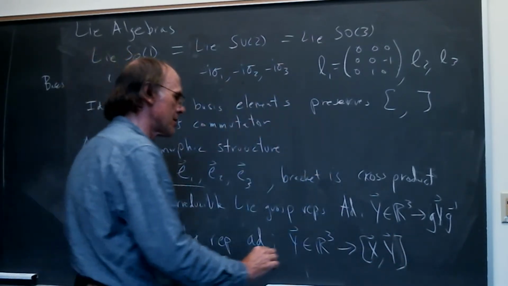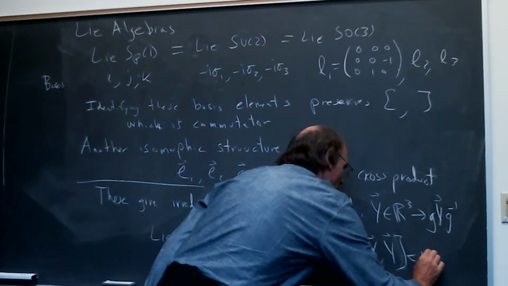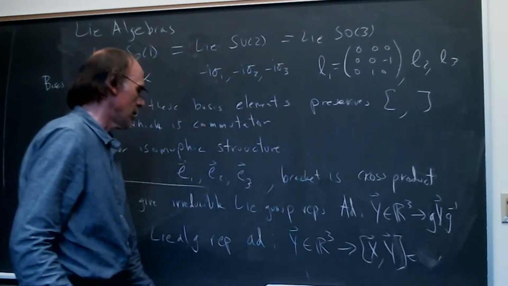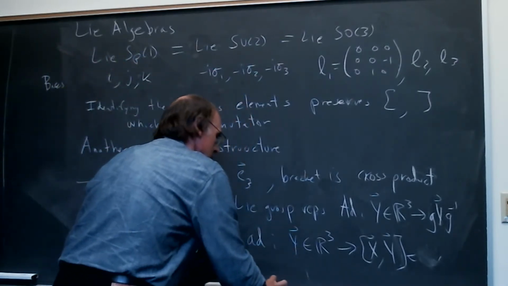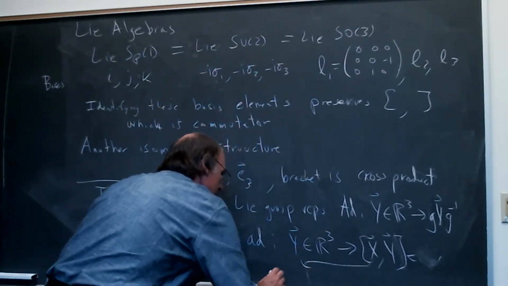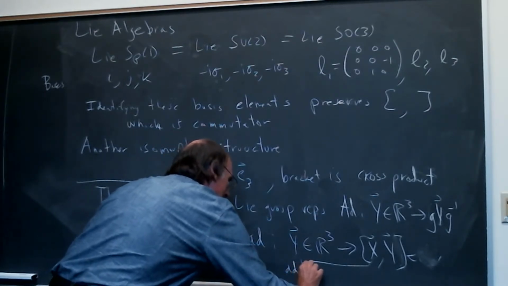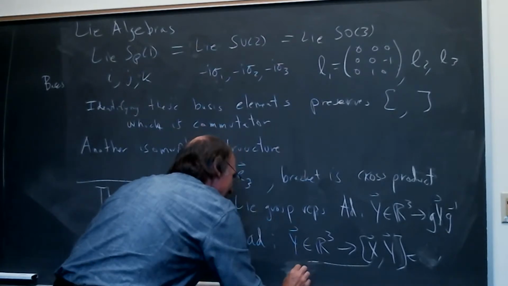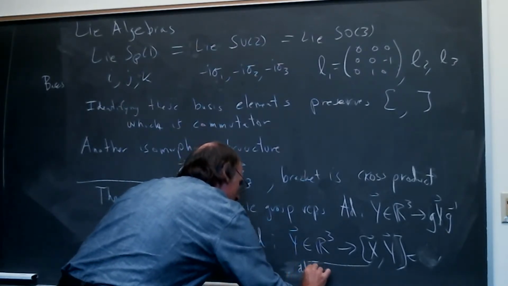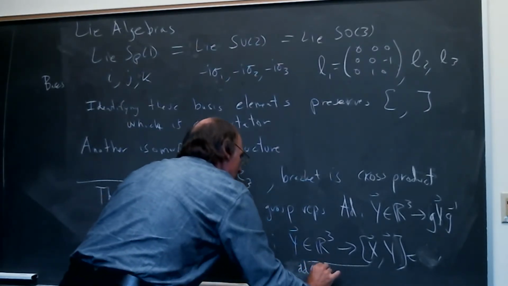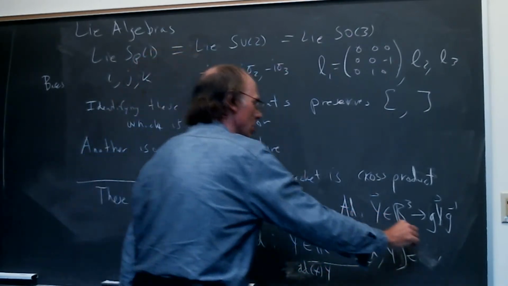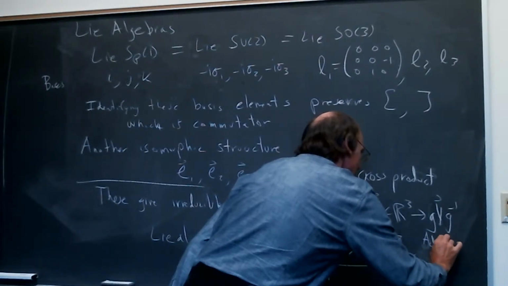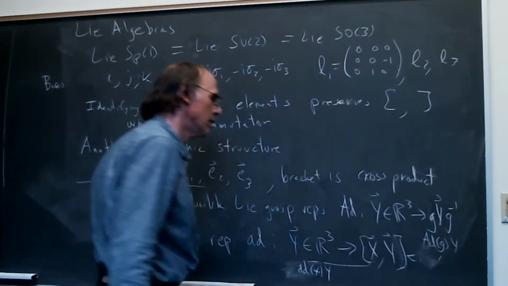So this is what I would call small ad of X applied to Y, and this is what I would call big Ad of g applied to Y. I'm running out of space here. Sorry.